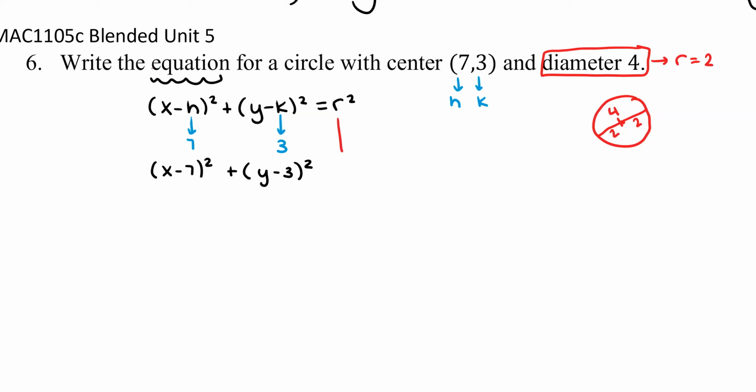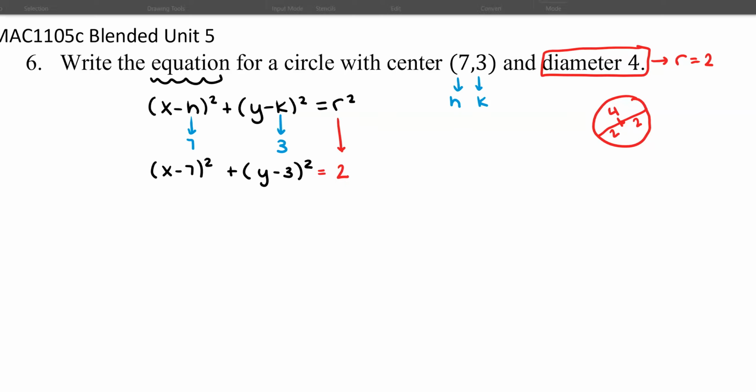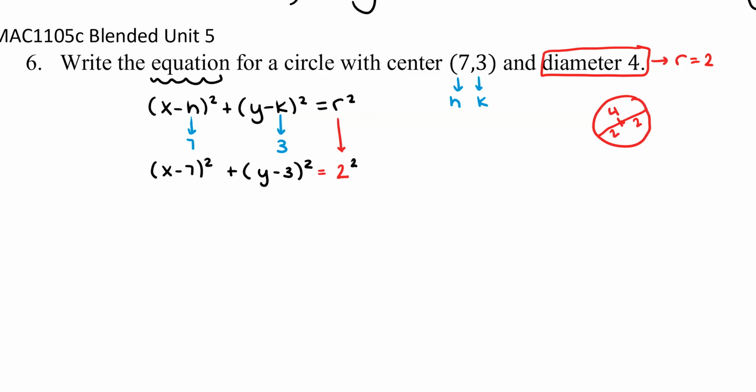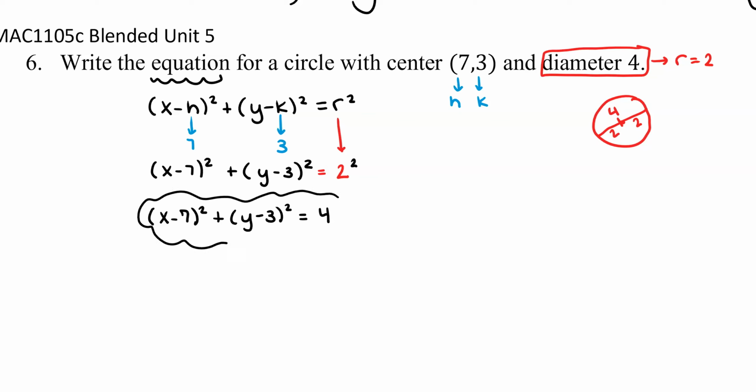So here I'm going to replace my r with 2. So I have 2 squared. So to write my final equation here, I'd write x minus 7 squared plus y minus 3 squared equals, and then 2 squared is 4. Now this 4 is not related to the diameter of 4. It's just a coincidence. And this is my equation in standard form.